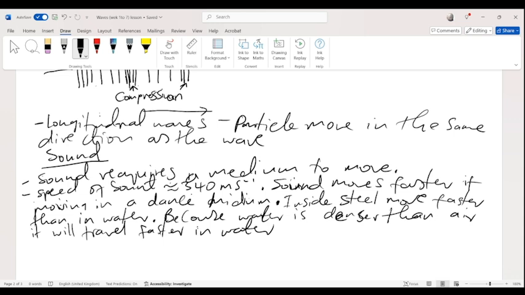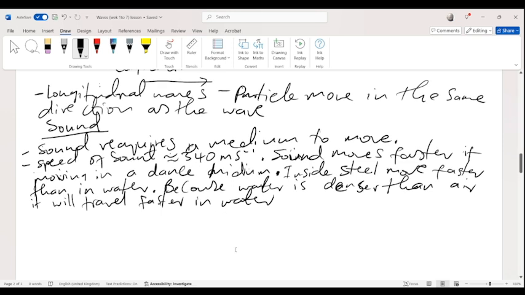Now, we have two characteristics of a wave that I want to talk about: the frequency and amplitude.